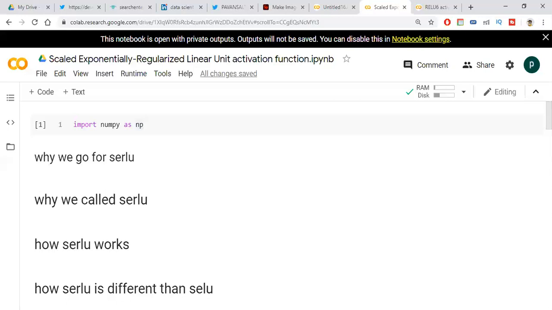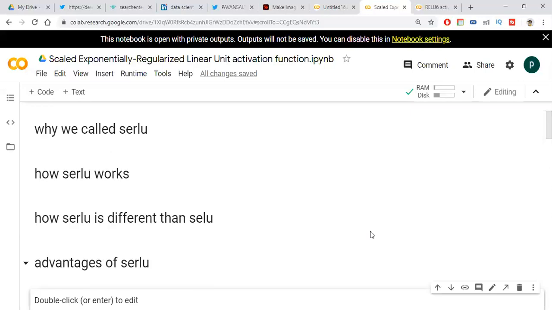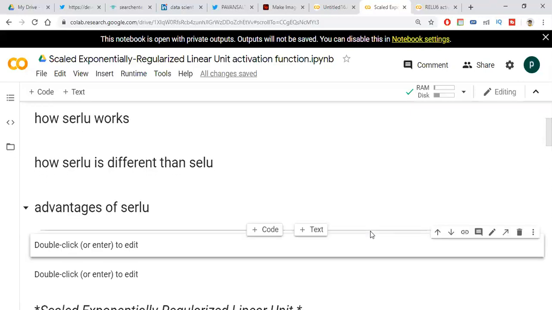How does SELU work? Due to the exponential function present in this activation function, a bump will be created. Bump means some curvature-like shape. Due to the bump, mean and variance are not constant, because these are self-normalizing activation functions.